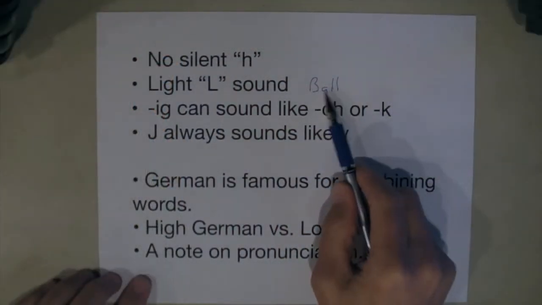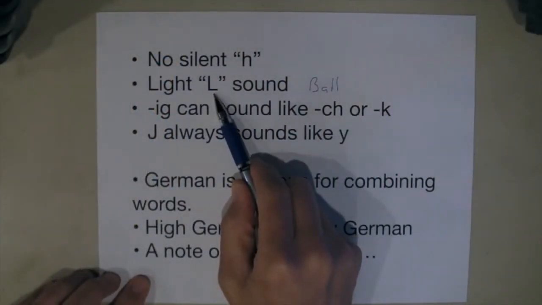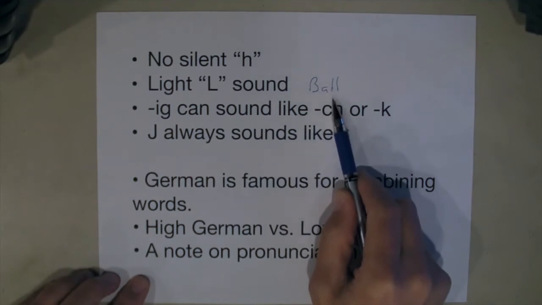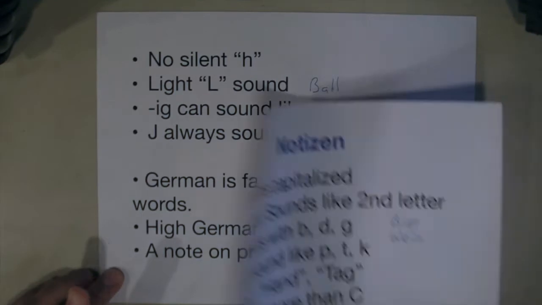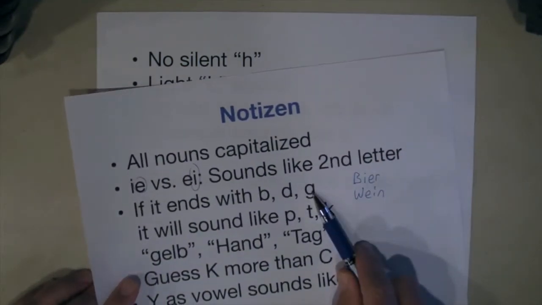So you want to keep it light with the tongue forward in the mouth and up in the roof of the mouth, and so it'll sound like ball. So that's a more proper L sound in German.